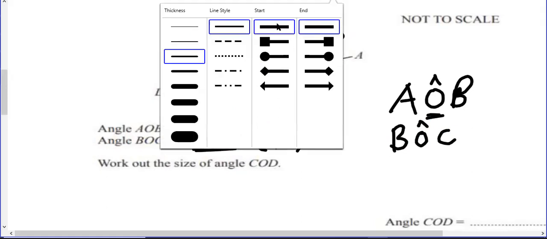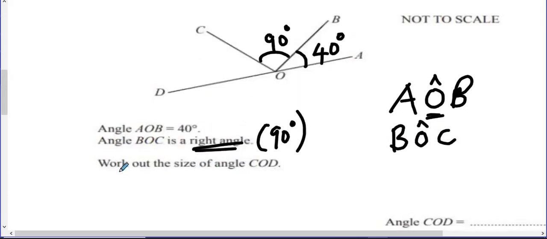All right, once you do that, you have to work out the size of angle COD. They are talking about this angle here, so I can call it X because that's the angle they are looking for. As you can see, these 3 angles, X, 90, and 40, lie on a straight line.